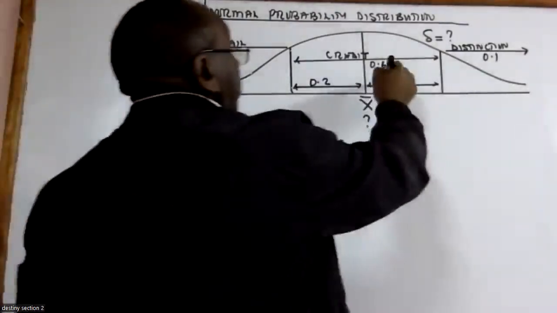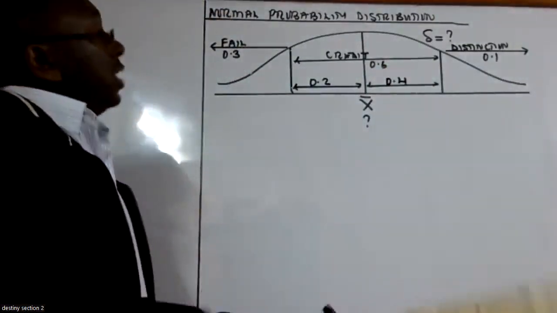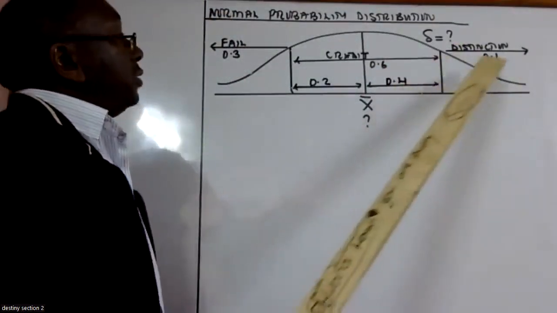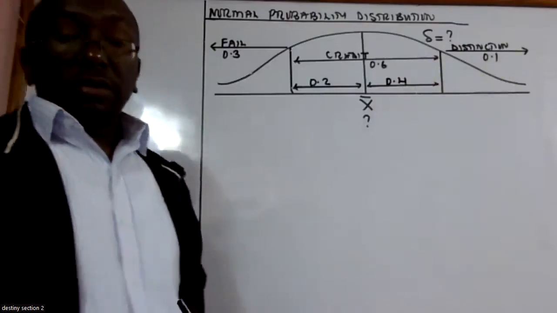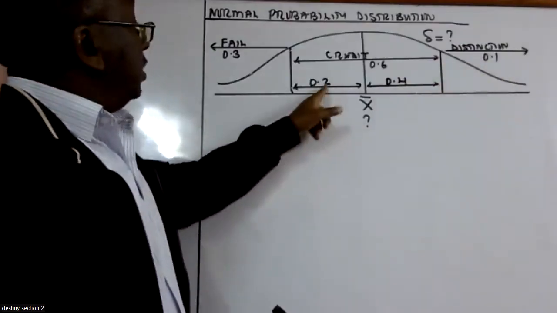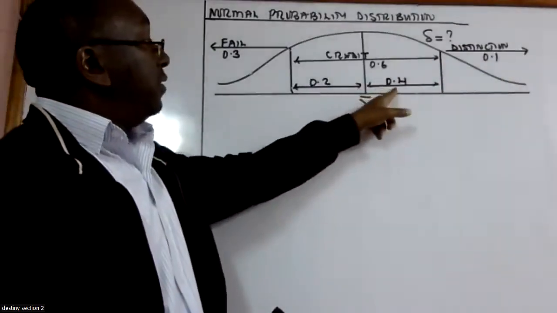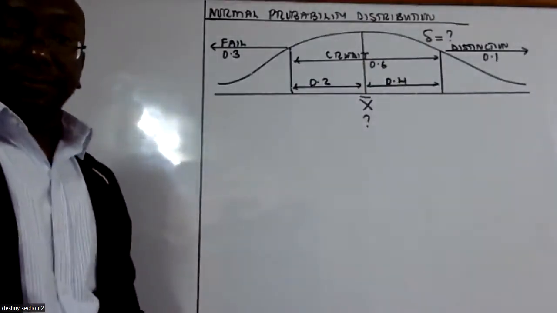And here we know it will be 0.4. So that this 0.4, when you add this 0.1, they give you 0.5. And again, you can see this 0.2 plus this 0.4 gives you 0.6.